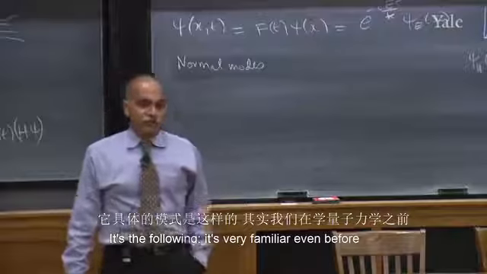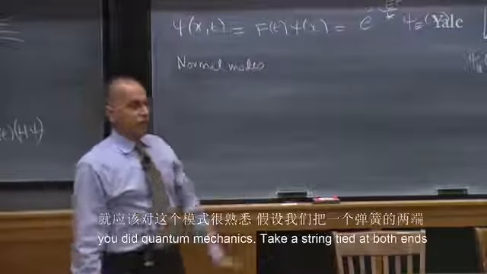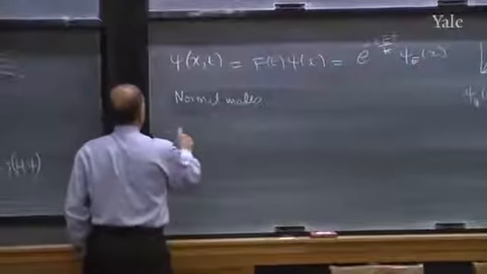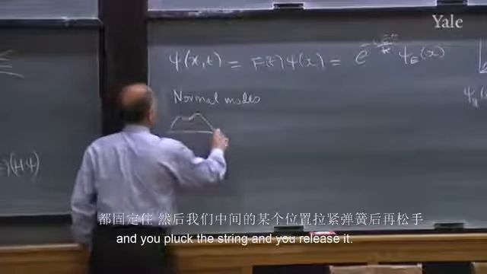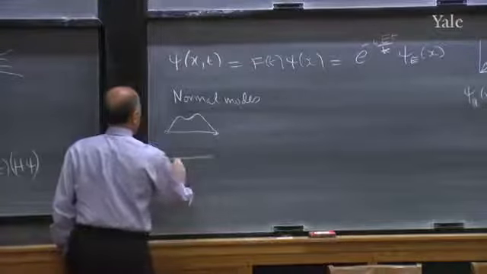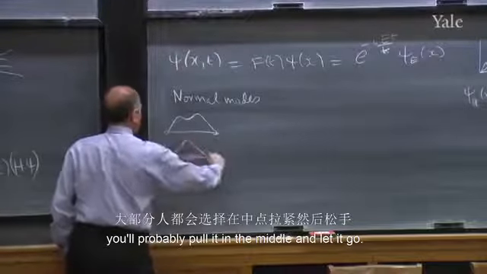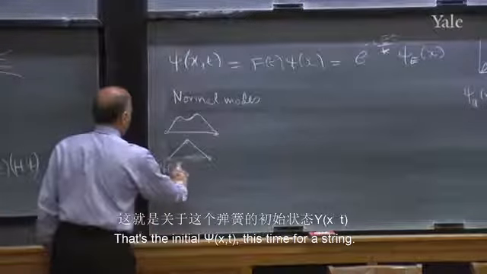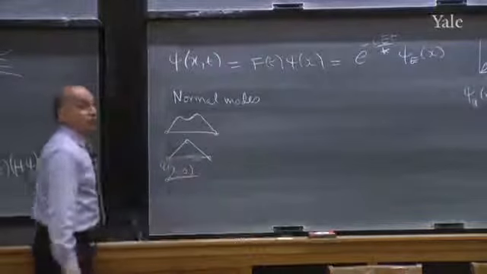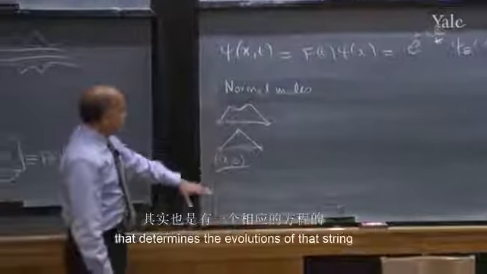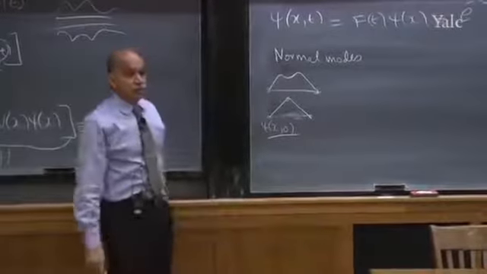It's the following. It's very familiar even before you did quantum mechanics. Take a string tied at both ends, and you pluck the string and you release it. Most probably, if you pluck it at one point, you would probably pull it in the middle and let it go. That's the initial psi of x and t, this time for a string. Pull it in the middle, let it go. That's an equation that determines the evolution of that string.